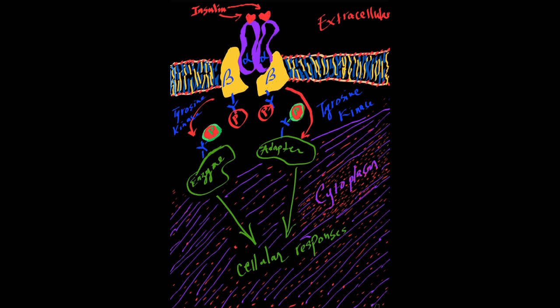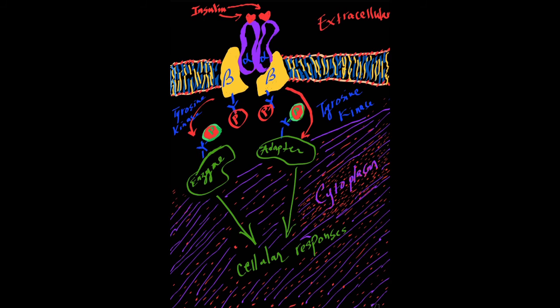The first thing that gets activated is the intrinsic tyrosine kinase activity of the receptor. Okay? And this is actually something that we're going to talk about a lot, the insulin and its receptor and how it affects many pathways. So you really want to know that.